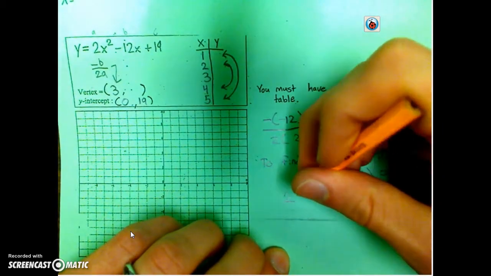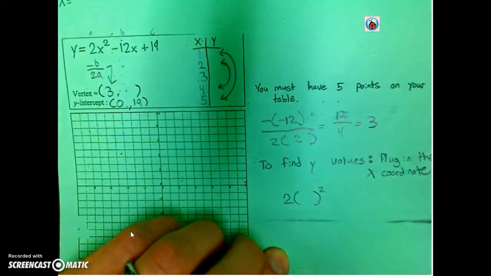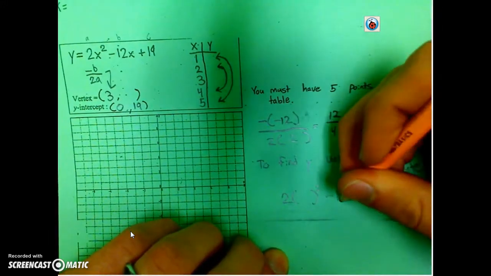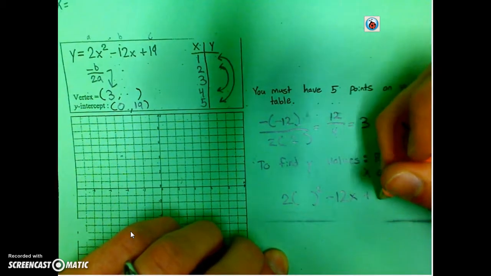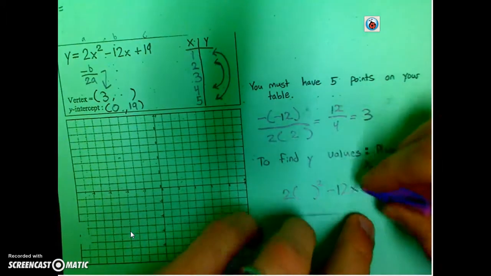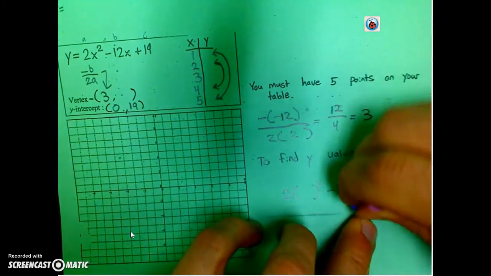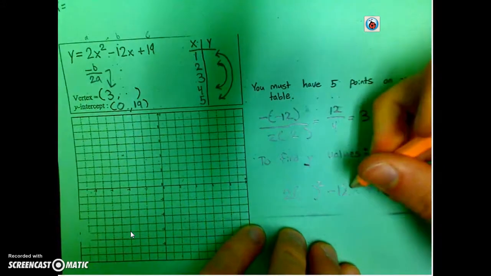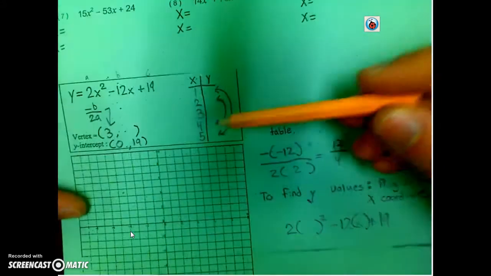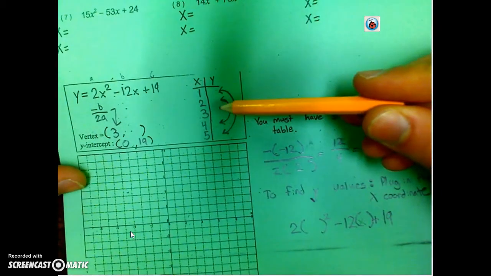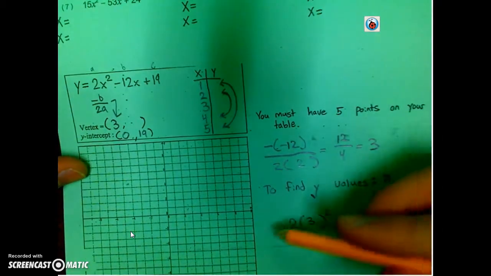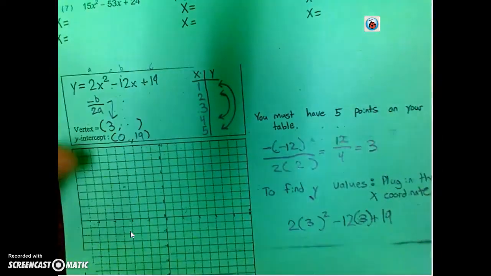It is 2x squared, so I'm going to leave a spot for my x, minus 12x, and then plus 19. Sorry, I forgot to leave a spot here for my x. So what we'll be doing is plugging in these different values. To find this y coordinate right here, I'd plug in a 3, and I'd calculate what all this gives me, and that would tell me that spot right there.